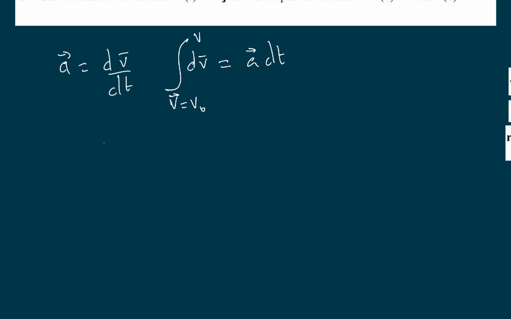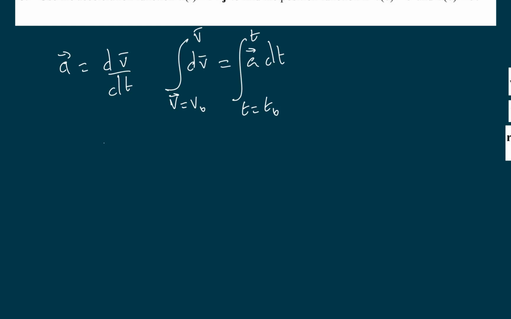In these problems, we start with the formula that the acceleration is the change in the vector velocity with respect to the time, and the change in the vector velocity is a dt. So to find the vector velocity, the integral from v equal v0 to the final vector velocity v is equal to the integral from t equal t0 until time t.